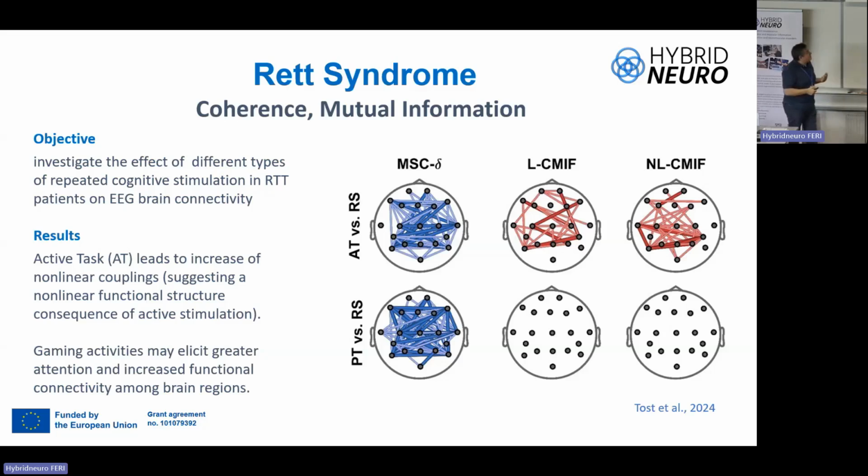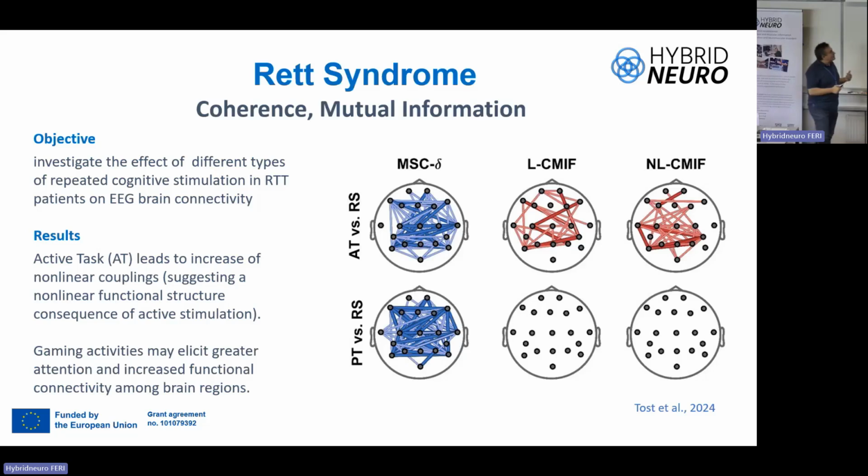So this is active. And we observe, for example, that in both types of tasks, in the coherence, we observe a decrease in the delta band, before the task and after the task.